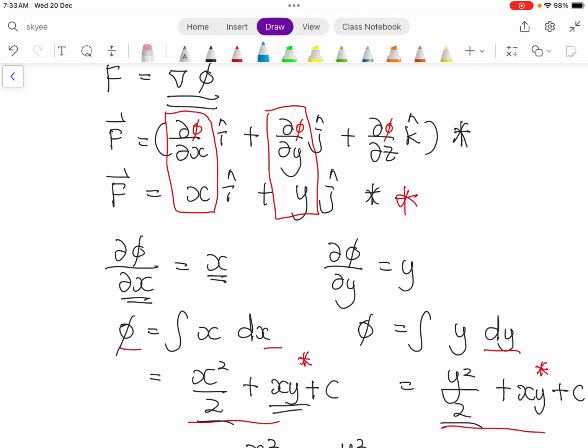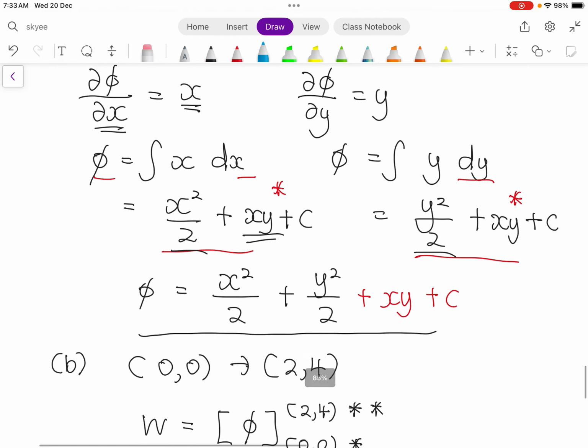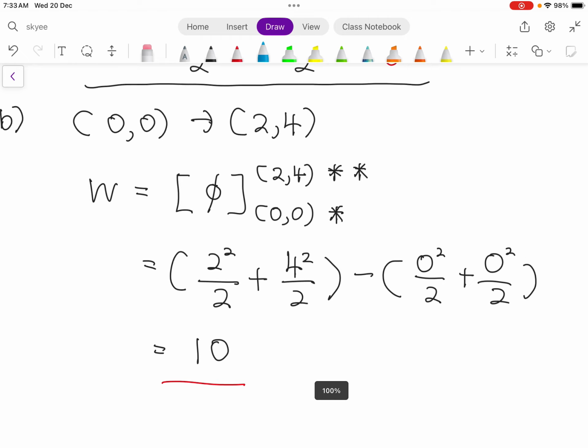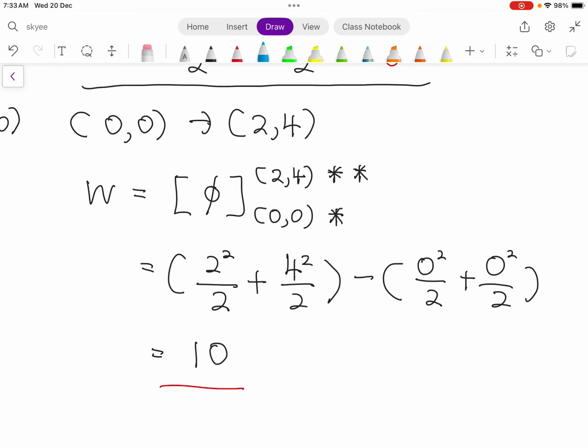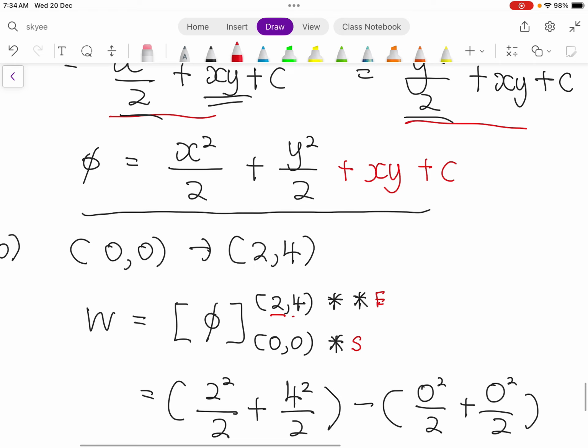You can refer to examples 4.25 and 4.26 of the module. There are also examples in the exercise behind. This is the starting point, and this is the ending point. Just replace the x and y into your potential functions, then you can get it.